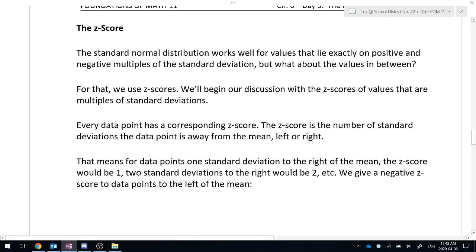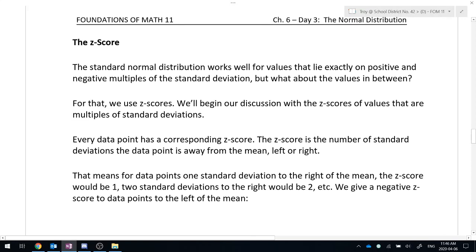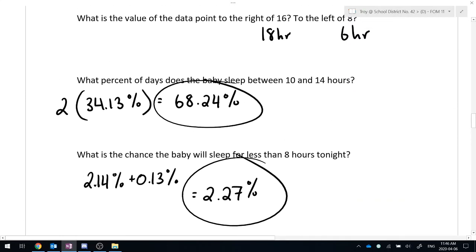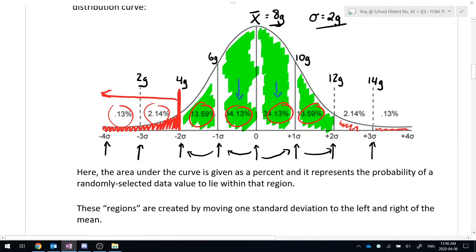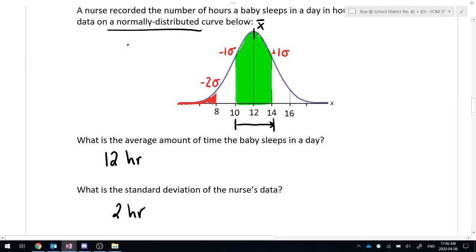So let's take a look now at the next part, and we're going to be talking about what we call the z-score. With the curves that we were seeing previously, let's go to the nursing question with the baby.